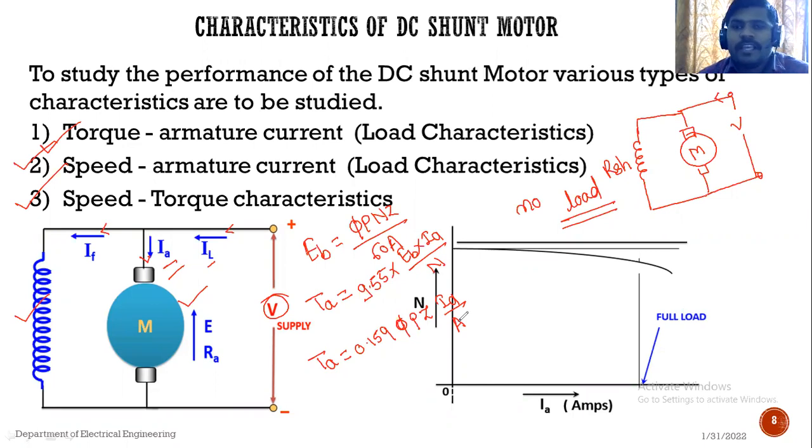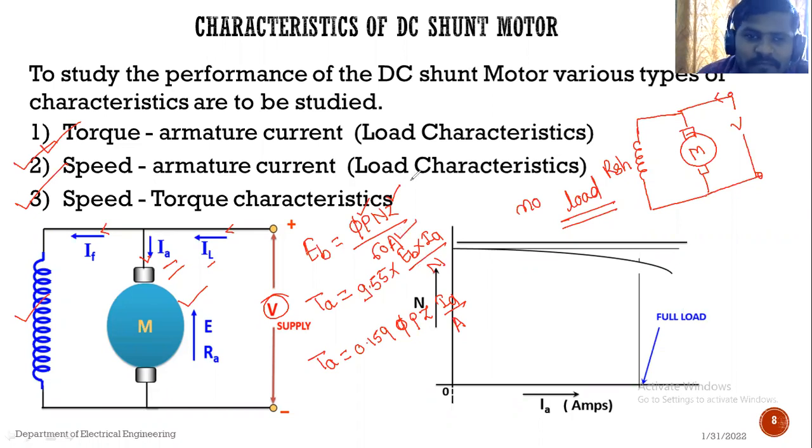Now, the manufacturing parameters of the machine will be constant, like the number of poles of the machine, the number of conductors of the machine, and the number of parallel paths of the machine.